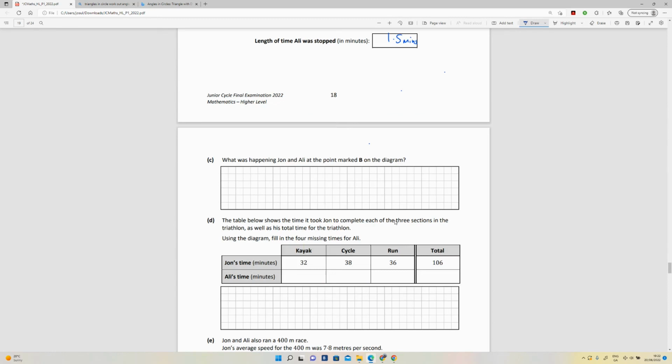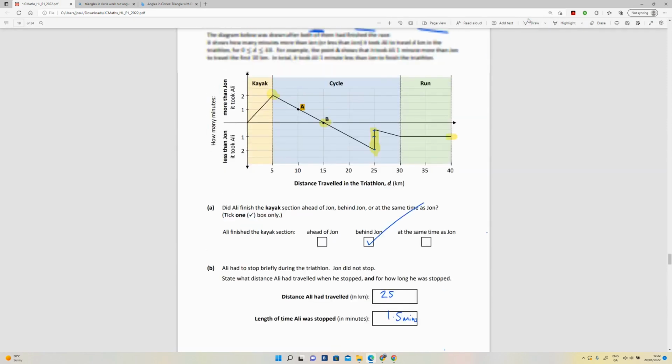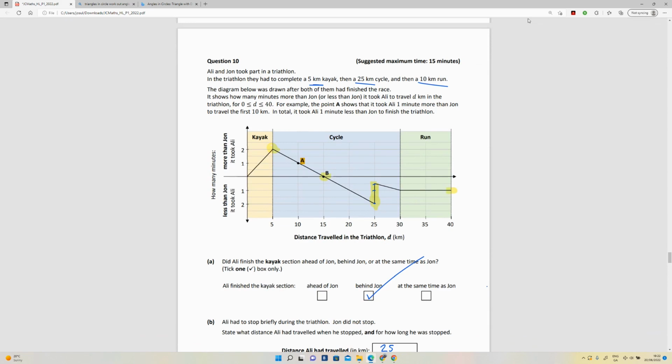Okay, so part C. What was happening, John and Ali, at the point marked B on the diagram? So let's go back to the diagram for a sec. So B is where the point is. So what happened? So after the kayak, Ali was 2 minutes behind John. Then he gained in the first 5K of the cycle, he gained a minute back, which is where point A is, and then he gained another minute back after the next 5K on the bike.